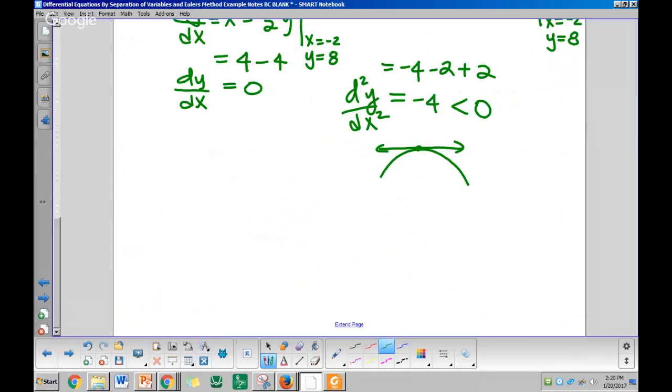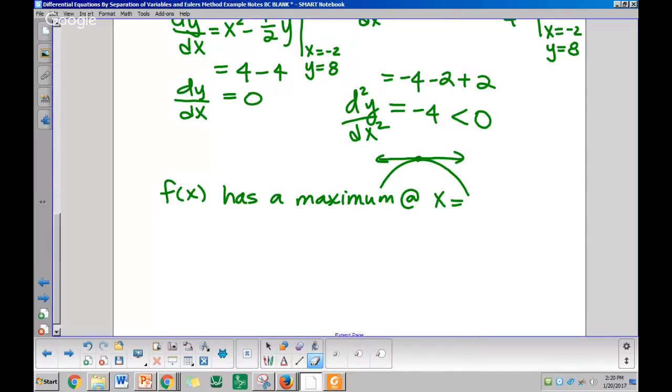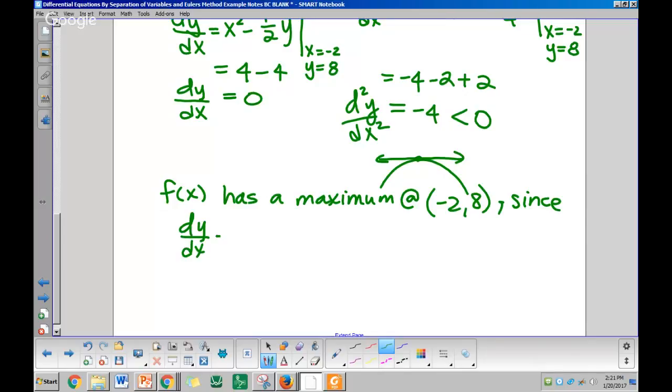So we can say f of x has a maximum at the point -2, 8, since dy dx equals 0 and the second derivative is less than 0. Right? That's our justification, the second derivative test.